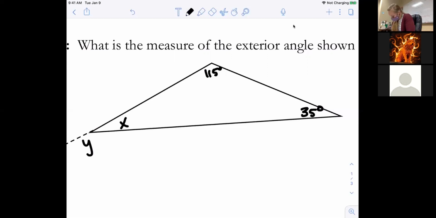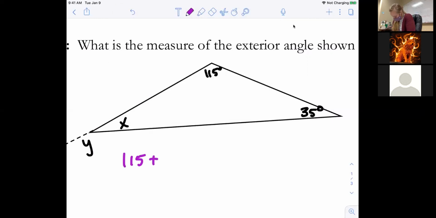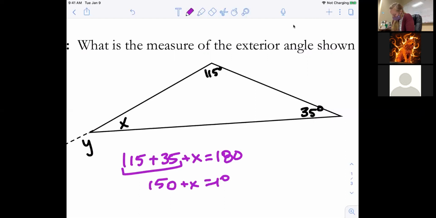Add them up, set equal to 180, which is 150 plus X equals 180. And that makes X equal 30.